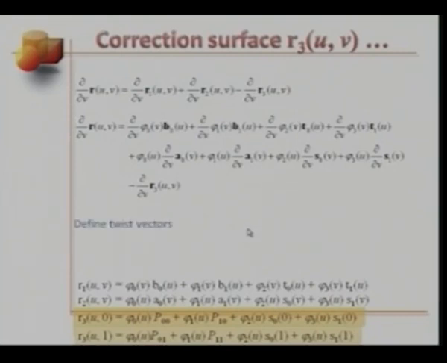Let's now define twist vectors denoted by chi sub ij, which is equal to the mixed derivative of R(u,v) with respect to u and v, evaluated at u equals i and v equals j. i and j would go from 0 to 1.